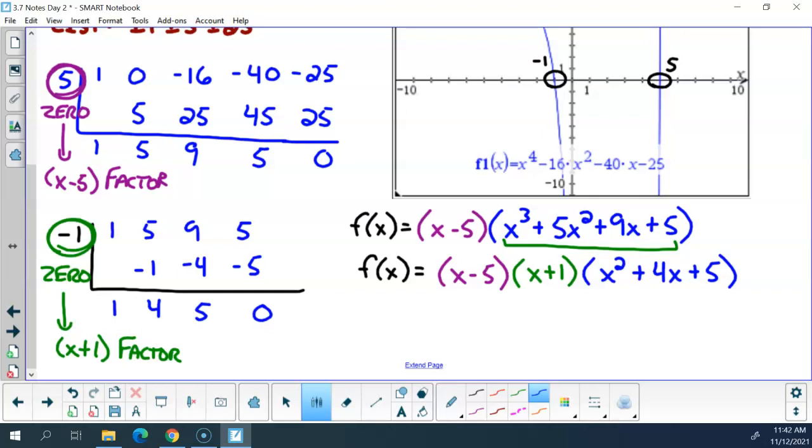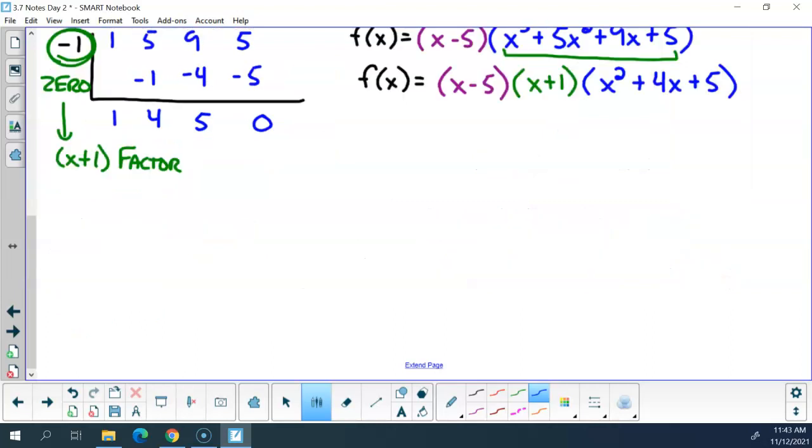How many times did it cross the x-axis? Twice. If it was factorable, it would have crossed 4 times. So I already know it's not factorable, because it didn't cross 4 times.